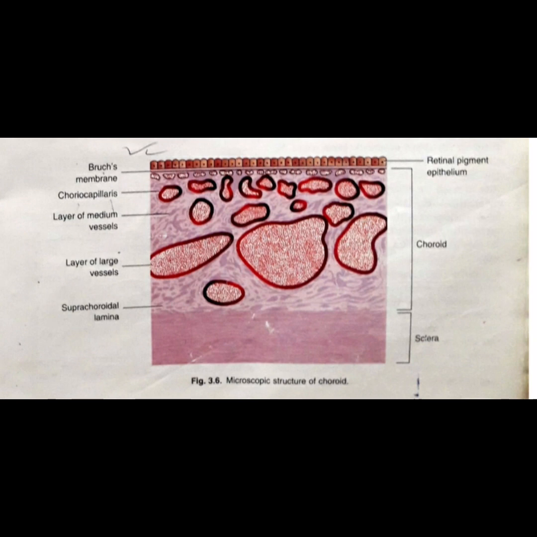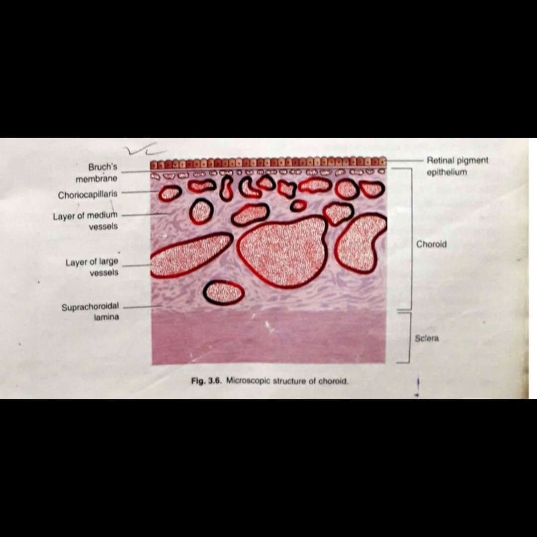Okay, it nourishes the pigment epithelium, means the RP layer, and the outer layers of sensory retina. So both the RP layer and the neurosensory retina get the blood supply from this choriocapillaris. These capillaries are fenestrated, have a wide lumen and consist of endothelial cells joined together by zonulae occludentes.